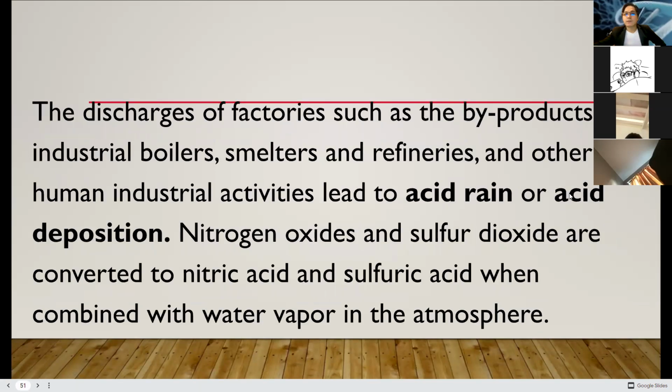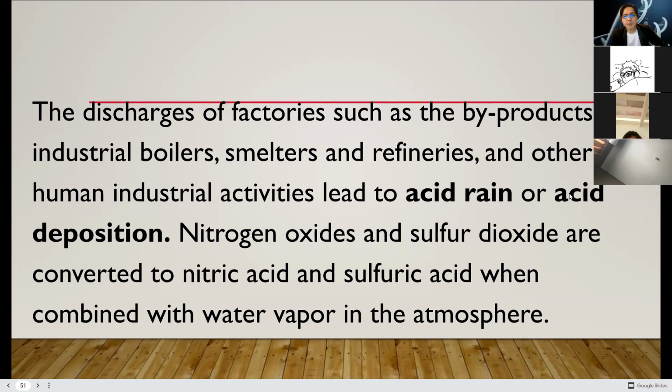The discharges of factories, such as the byproduct of industrial boilers, smelters, and refineries, and other human industrial activities lead to acid rain or acid deposition. Nitrogen oxides and sulfur dioxide are converted into nitric acid and sulfuric acid when combined with water vapor in the atmosphere, which is very harmful to plants and animals.